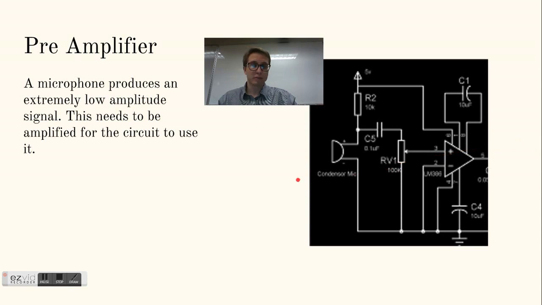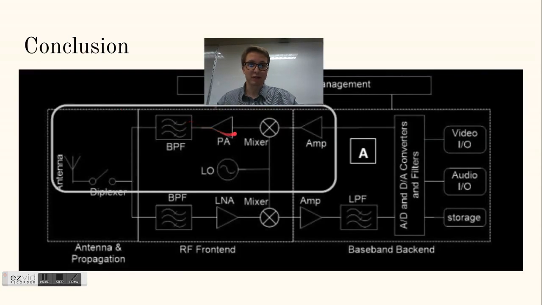But generally it's taking that low amplitude signal and just amplifying it so that any other part of the circuit can read it, because if we go back to the mixer, the amplifiers require a very large voltage input, and that way they can read the signal properly.